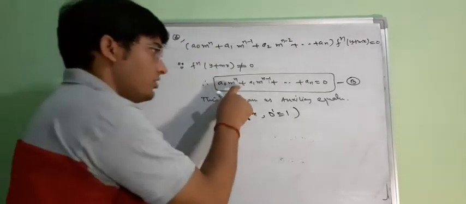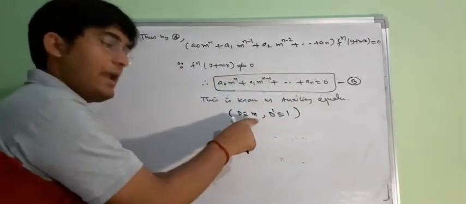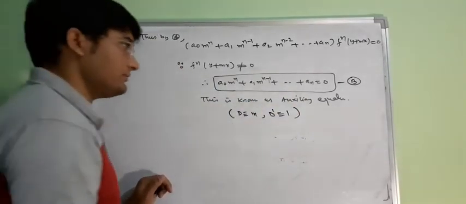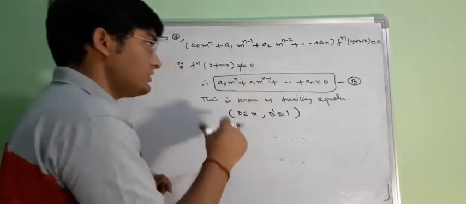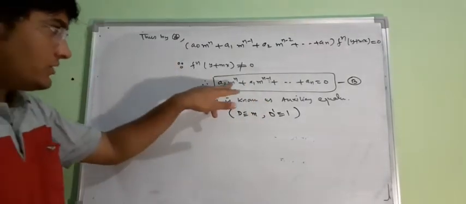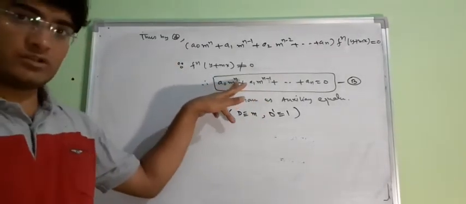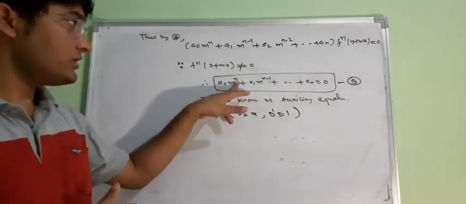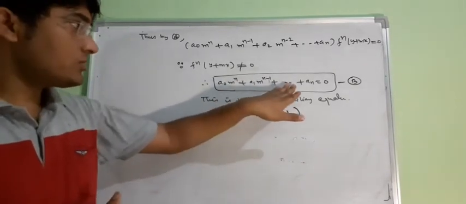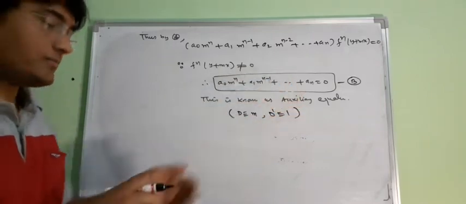So to find out the auxiliary equation, we will replace our D by M and D dash by 1. So this is your auxiliary equation. Now as the degree of the auxiliary equation is n, this equation will have n roots.